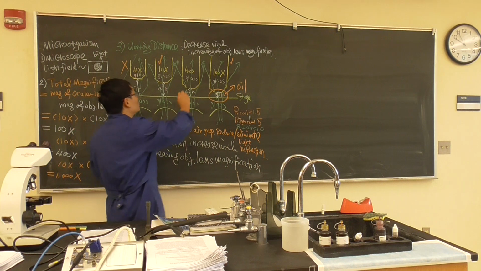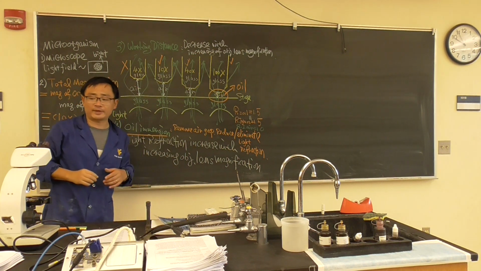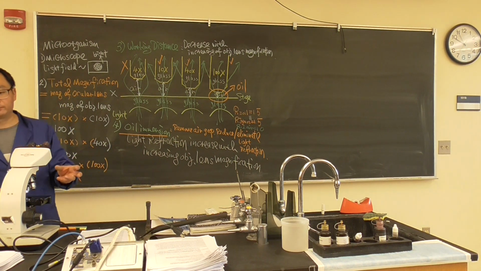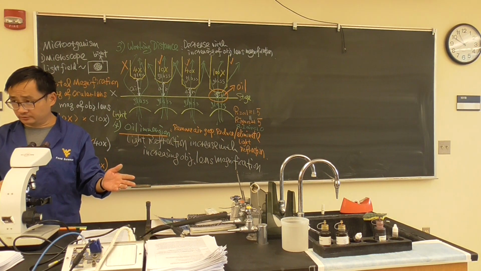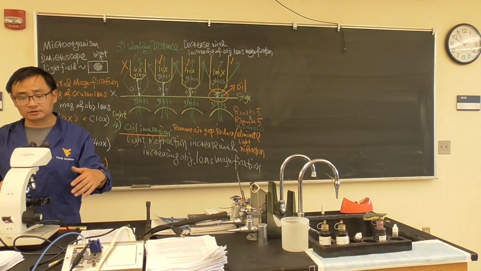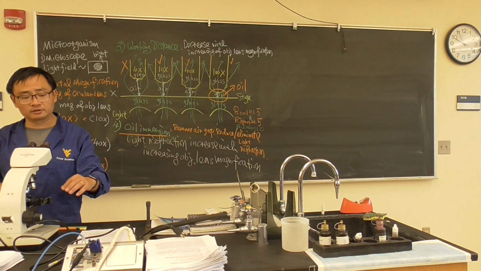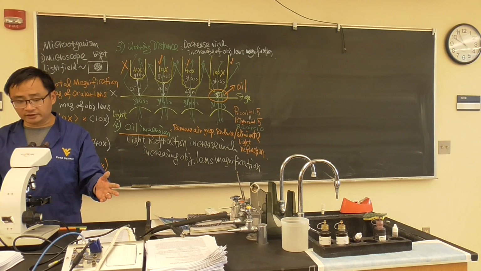40x, we will barely use, only one section. When we do the pathogenic molds, I will have a very moldy bread around the middle of November. And I have to make it sometimes in October. By the time of the middle of November, we could use 40x and use lactophenol staining.